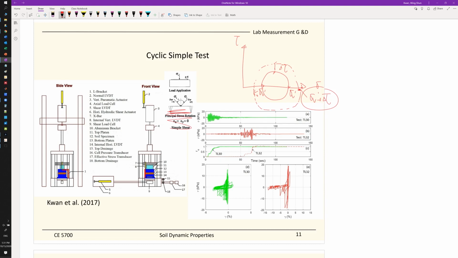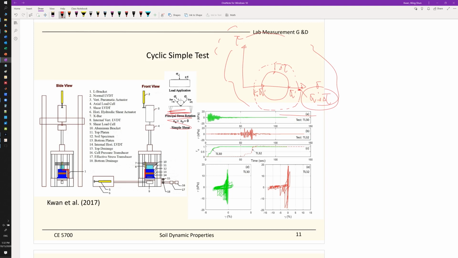Again, the main difference between cyclic simple shear and cyclic triaxial is well represented by the Mohr circles. The main difference is whether you are causing rotation of the major and minor principal loading axes, and we shouldn't do that because it won't happen in the field.